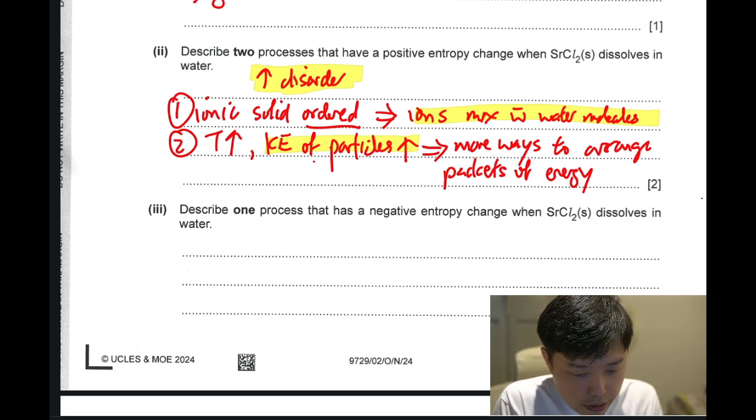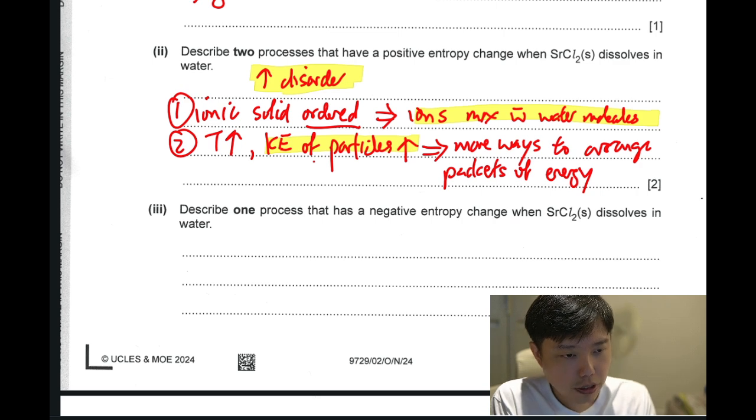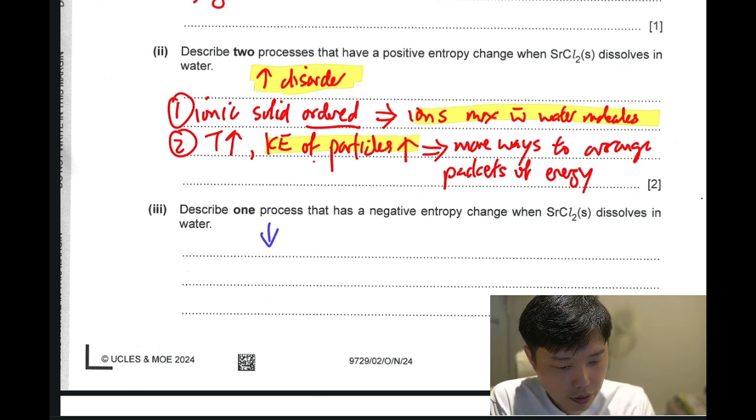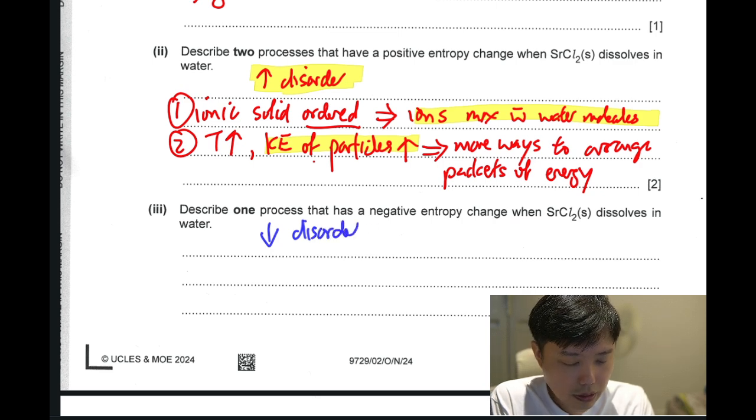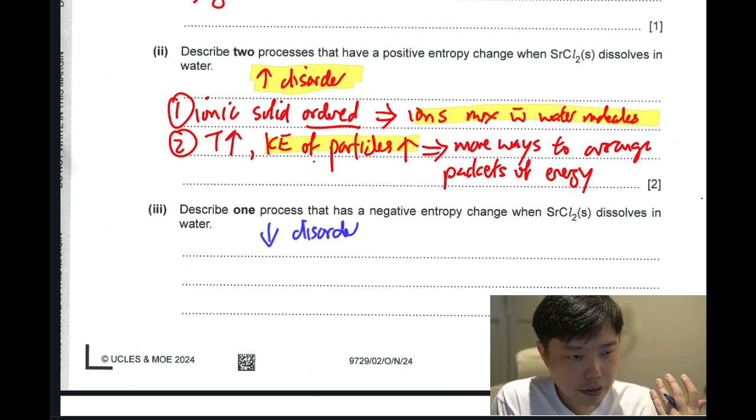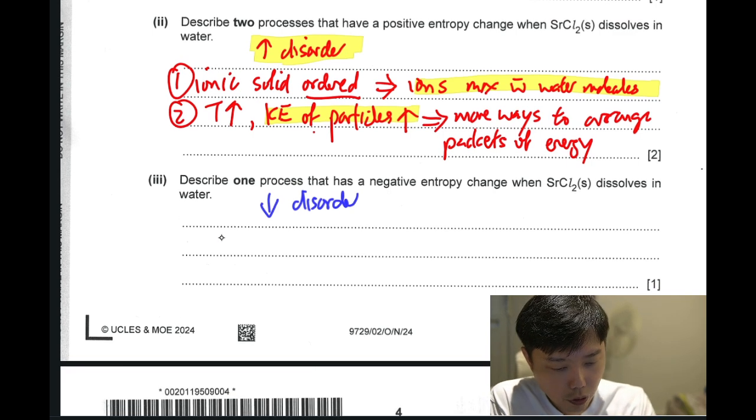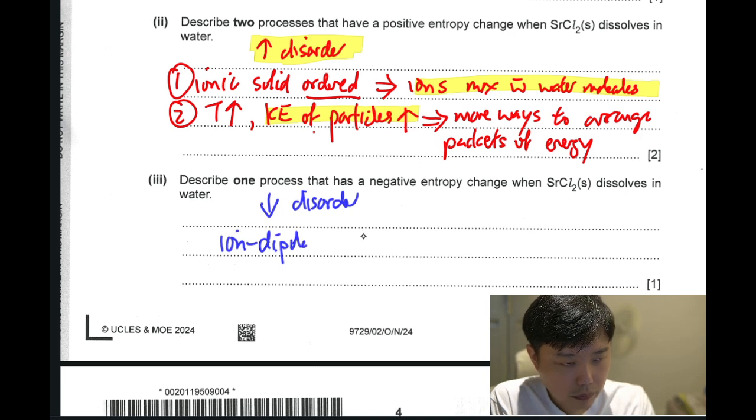Name one process, describe one process that has a negative entropy change. Okay, so you need to think about what actually decreases the level of disorderliness, what kind of bonds or attractions are being formed as strontium chloride dissolves. Okay, one thing you can think about is the formation of ion-dipole attractions.